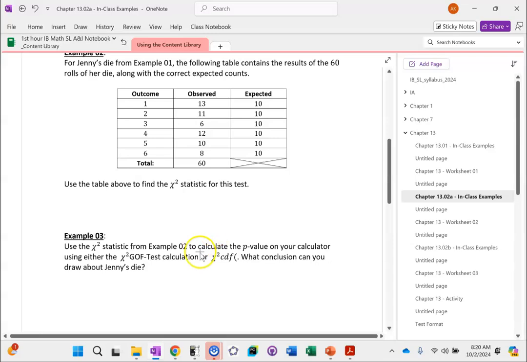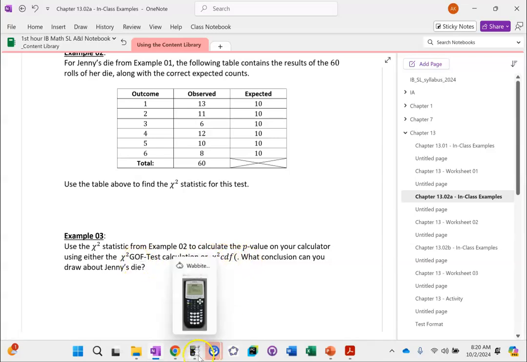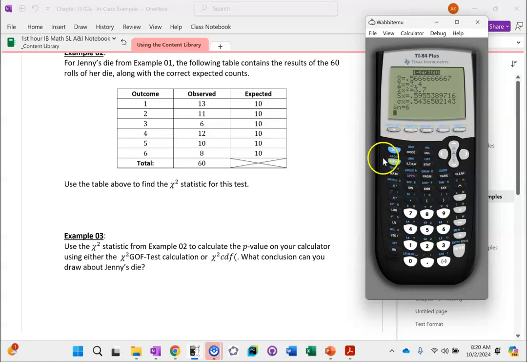To get the p-value from this, I can take the chi-squared CDF to do this, but let's not. Let's just show you how to do the goodness of fit test. So if I do stat and I go to tests, I'm going to scroll down till I find the chi-squared GOF test.